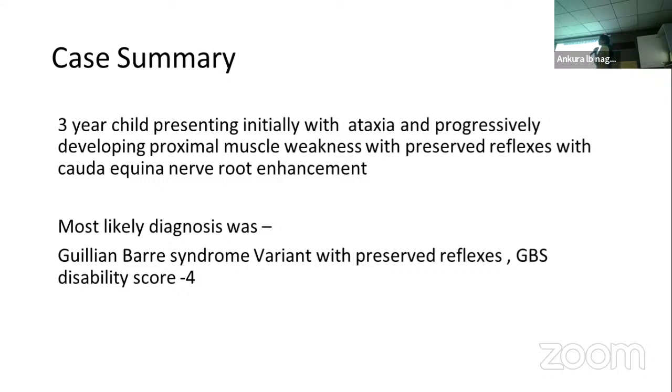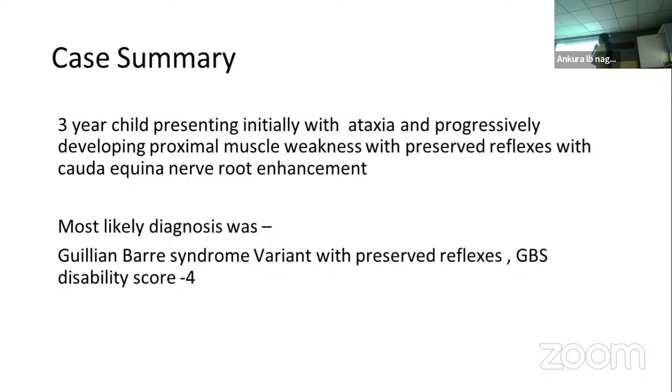All these three will have anti-GQ1b antibodies. So when these variants are there, Miller-Fisher, Bickerstaff or pharyngeal-cervicobrachial, they have antibodies against glycoprotein, anti-GQ1b. You're right. Okay, let's proceed.